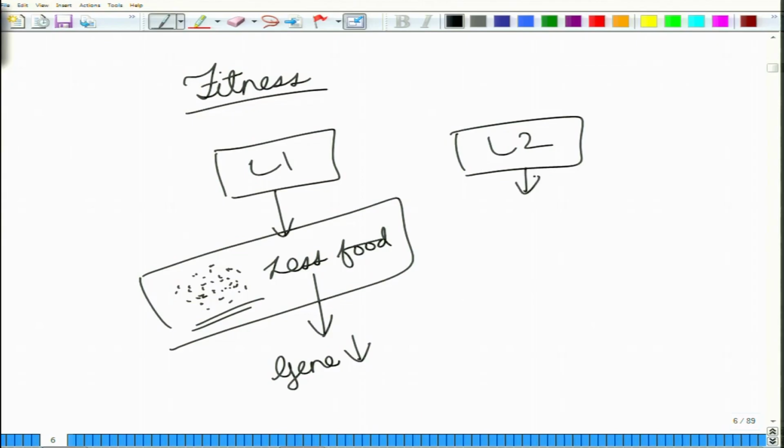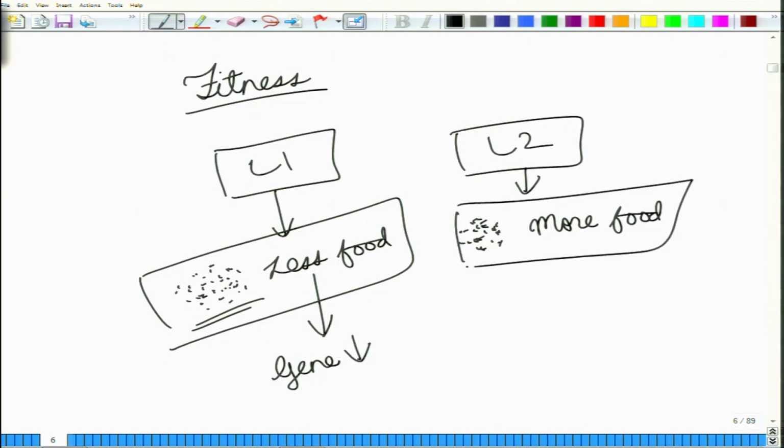Now let us consider L2, which has some genes because of which it only lays more eggs when there is more food. In that case, these offspring are able to survive better, because of which this particular gene will increase in frequency.